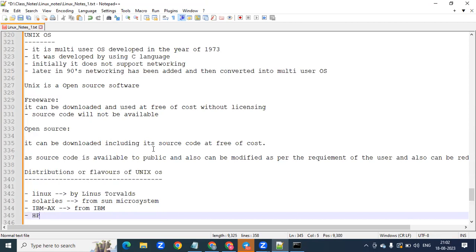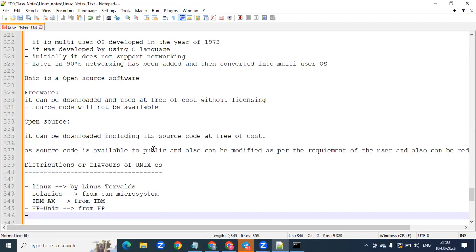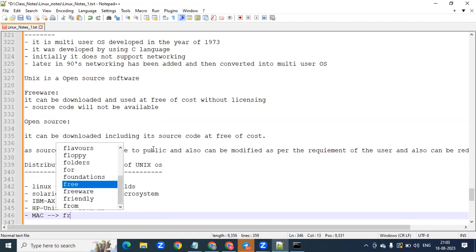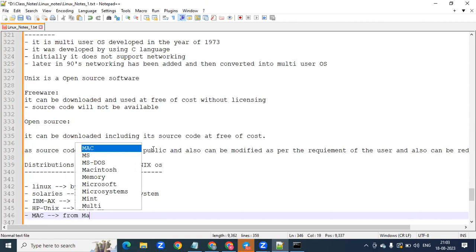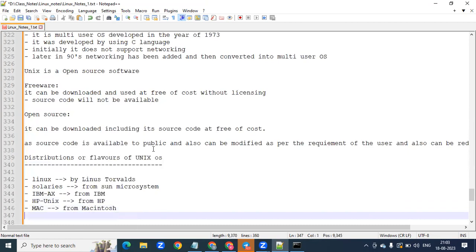Next, HP-UX from HP, and Mac from Macintosh, the Apple laptop.